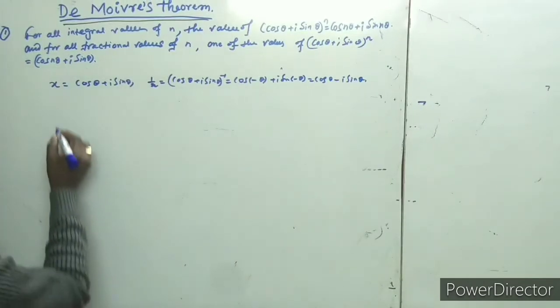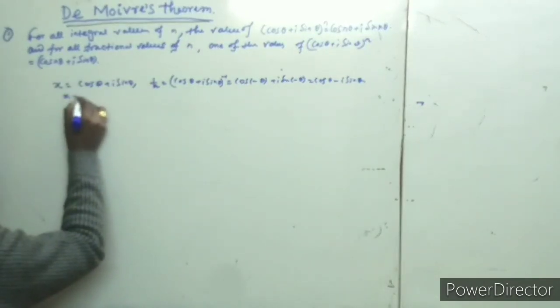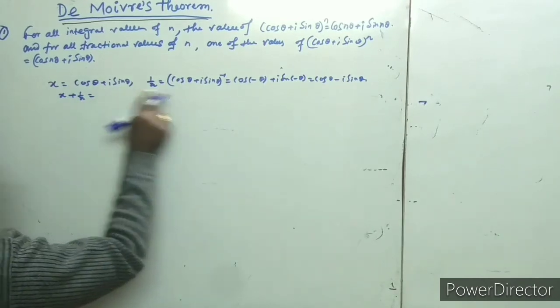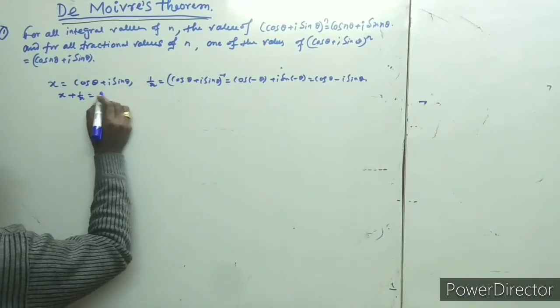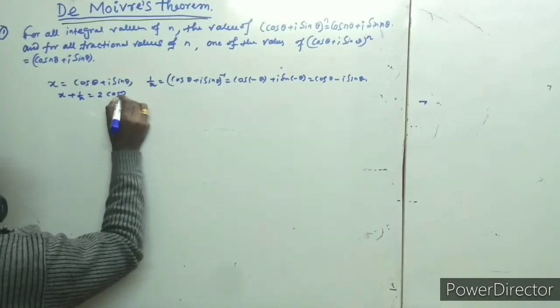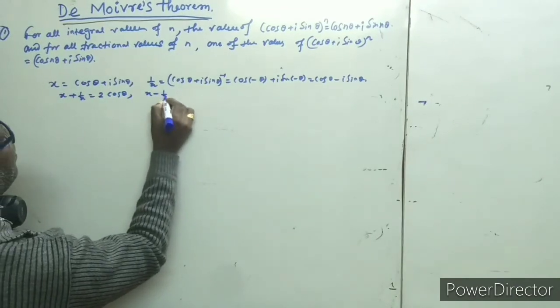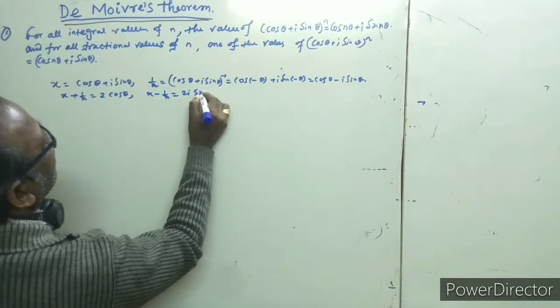If this is added, then the i terms cancel, and you get 1 by x plus x equal to 2 cos theta. Again, x minus 1 by x is equal to 2i sin theta.